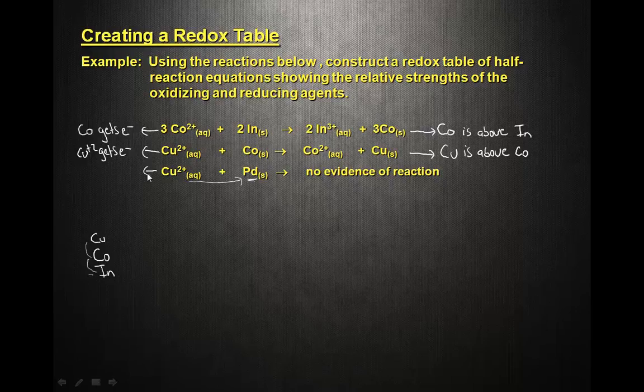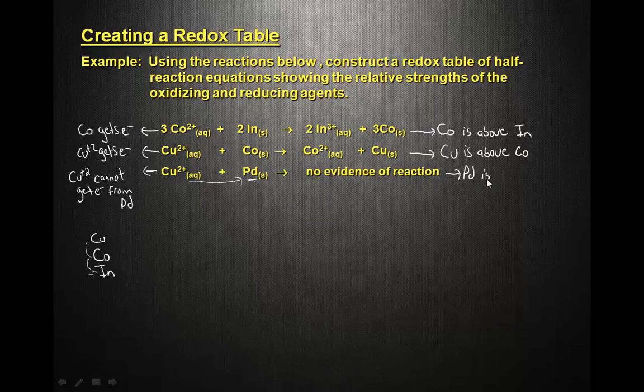So the interpretation we'll write over here is, if we had no reaction, the ion, Cu plus 2, cannot get electrons from Pd. So what's our conclusion there?